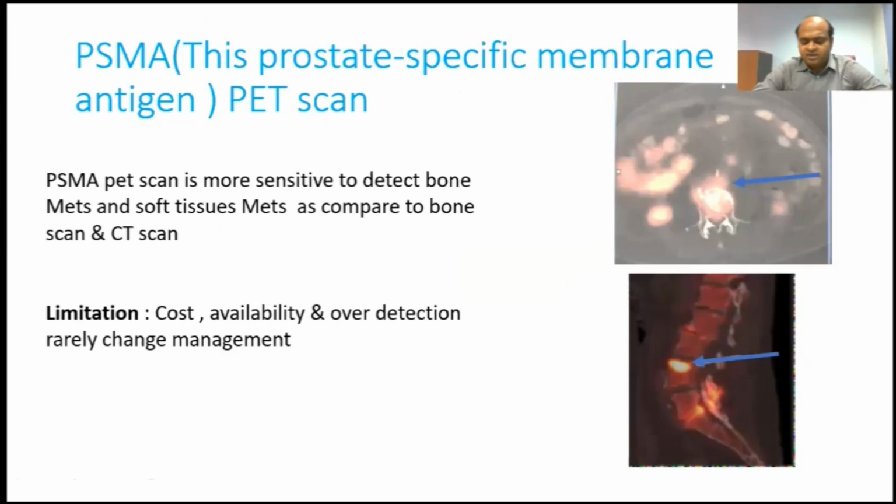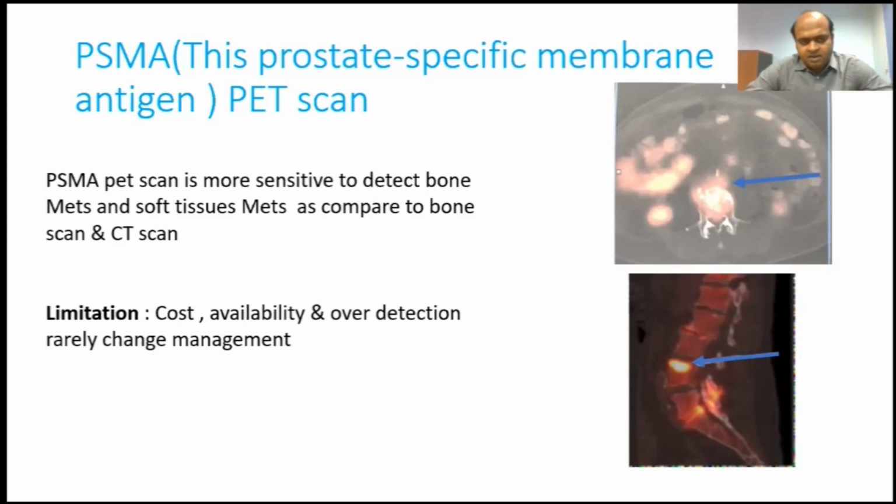It is more costly and not widely available, though it is available in our center, and probably in Lucknow we are the only center doing PSMA PET scan. And since it is more sensitive, it sometimes detects soft tissue or bone metastasis which probably does not have any impact on the management plan.